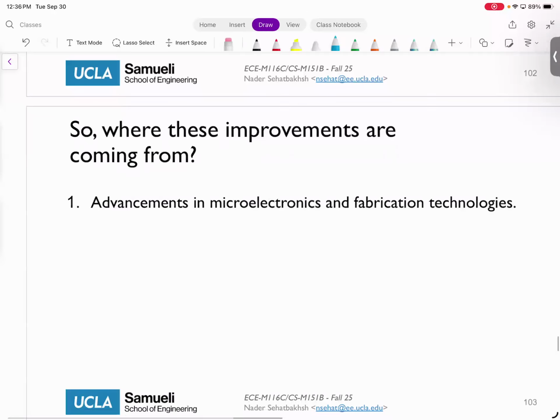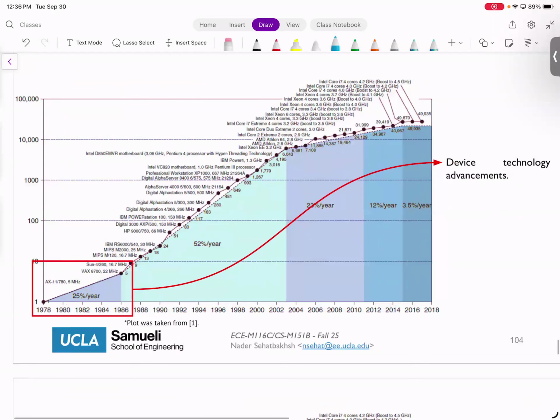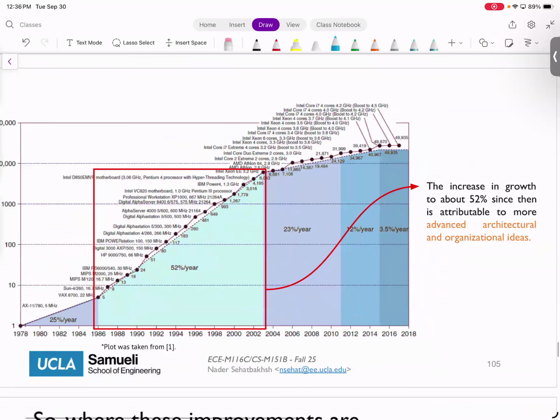So as I said, the first reason that these improvements are coming is from the transistor and technology perspective. I'm not going to go through the details of that anymore. But what we are going to talk about is the architectural and computer organization ideas that we came up with.